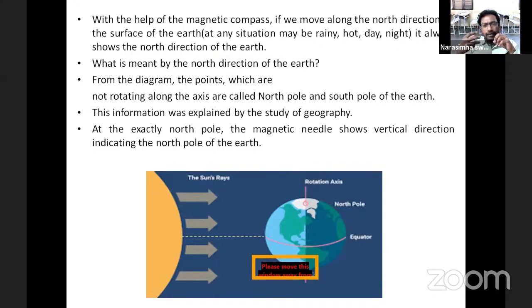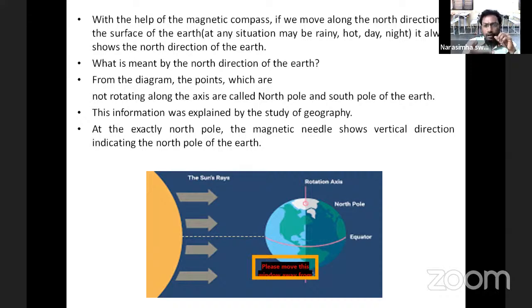And with the help of the same compass, we can make a few more points. With the help of the magnetic compass, if we move along the north direction on the surface of the Earth, I'm repeating, holding the compass in your palm and moving, the compass always shows the north direction of the Earth.